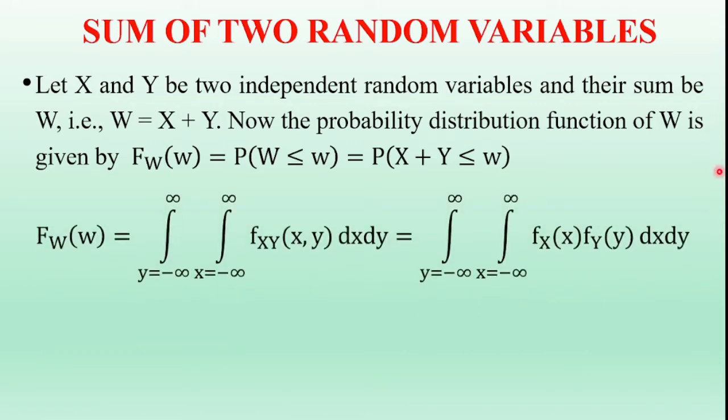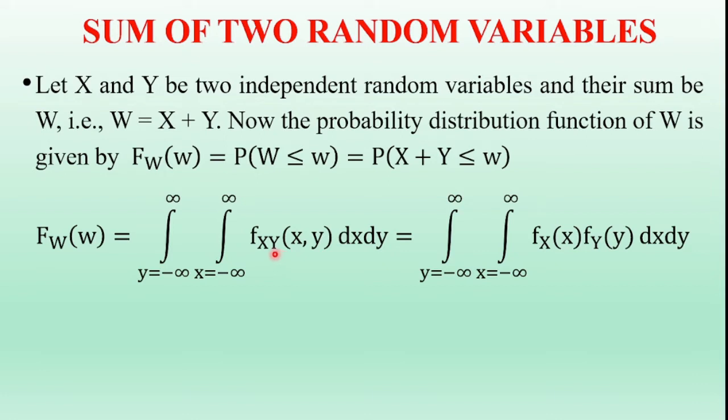So the probability is equal to the integral of the density function, which is the double integral from minus infinity to infinity of the joint density function of the random variables x and y, dx dy. Using the statistical independence condition, the joint density function is equal to the product of their individual density functions.